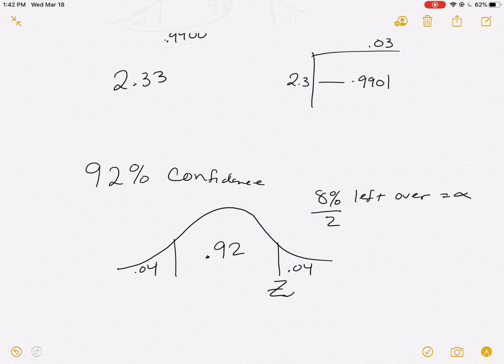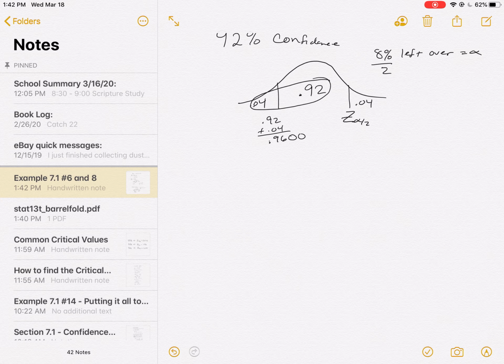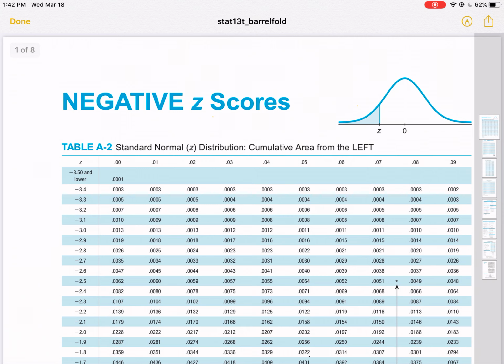Now remember, the critical value that we're looking for is right there. And so we're going to go look up 0.96, right? If I add those two together, the 0.92 and the 0.04, we have 0.96 to the left. It's an area to the left, so I'm going to write it as 9600. Now this one I don't know, so let's go look at that chart, and we'll make it big like I can.